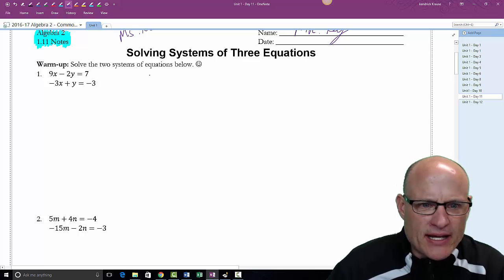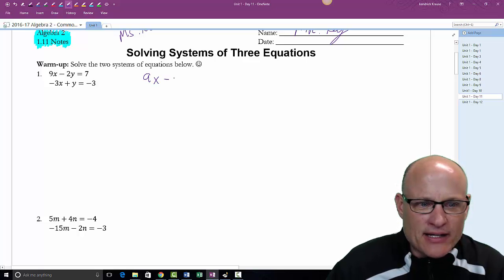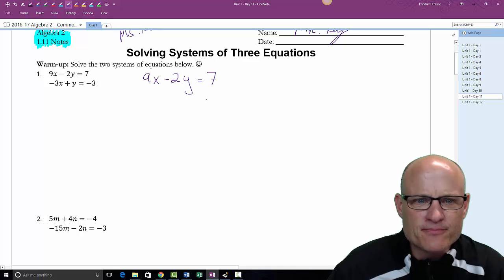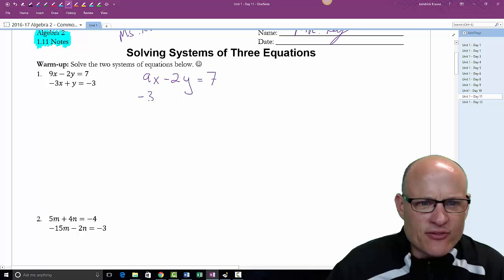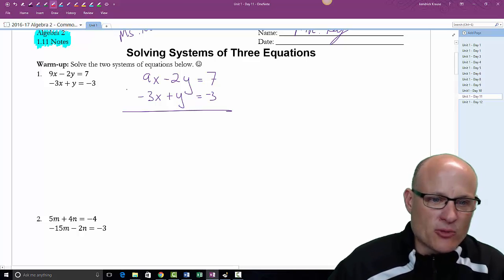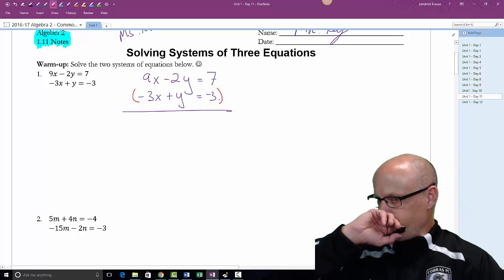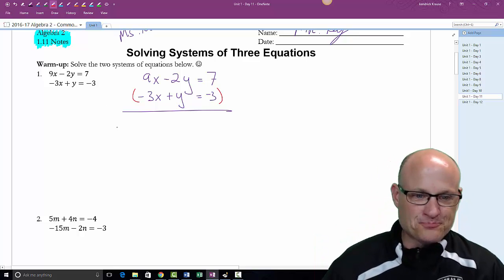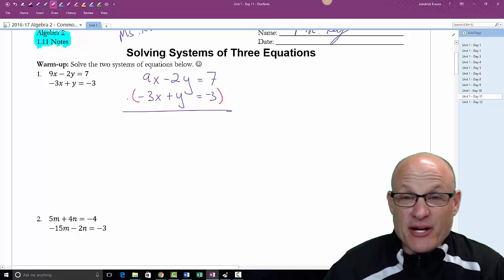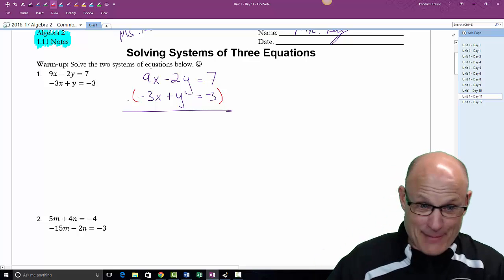Okay. So we got 9x minus 2y equals 7. And then I've got negative 3x plus y equals negative 3. All right, so let me grab a different color pen. What I want to do with the elimination method is get a pair of additive inverses, a pair of opposites.